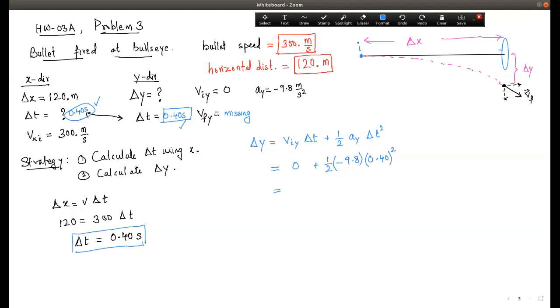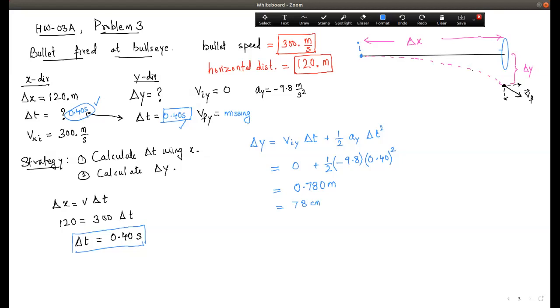So using the calculator, 0.4 squared times 9.8 divided by 2, so it's 0.784. To two significant digits, that's 0.78 meters, which is 78 centimeters.